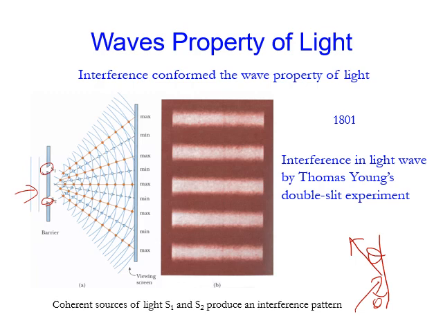What he observed on the screen was a pattern of bright, dark, bright, dark. This pattern is clearly due to the interference of light. And therefore this experiment confirmed that light is a wave, because interference is a property of waves.